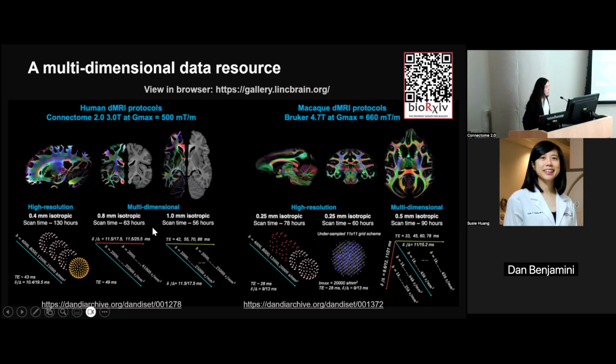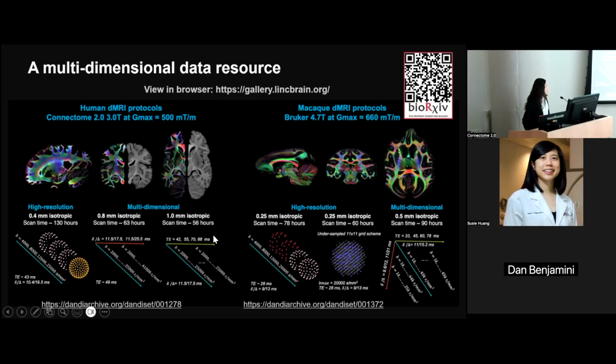Additionally, we have lower spatial resolution protocols that are sampled across different diffusion times and echo times, so it can give us a richer data set for more detailed microstructure modeling. And we are sharing this data resource on the DANDI archive. If you're interested, you can also look at our preprint.